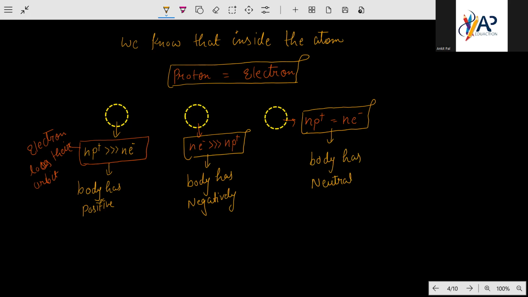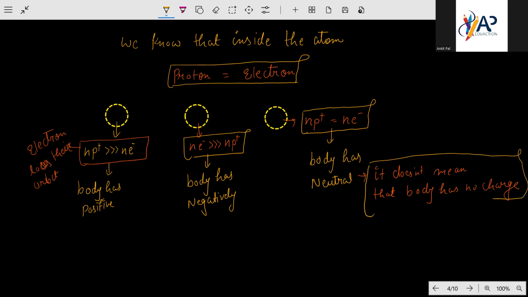Remember one thing: when we say a body is neutral, it doesn't mean the body has no charge. Even when a body is neutral, it always contains some charges.